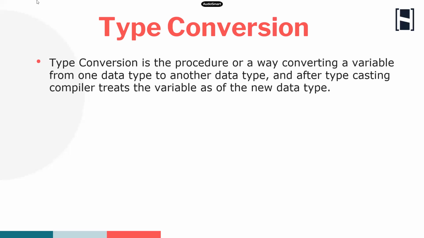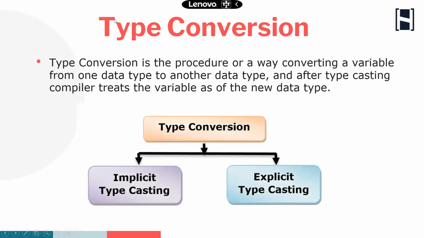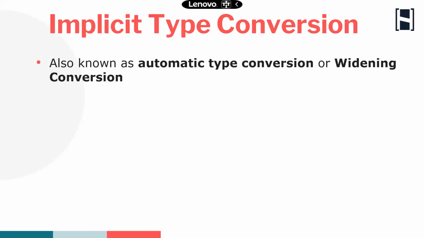Basically, typecasting is of two types. There are two ways to actually do this. One is implicit typecasting, and the second option is explicit typecasting. Implicit typecasting is also known as automatic type conversion. You can get an idea from the word automatic: we are not going to do anything, it is going to happen on its own.